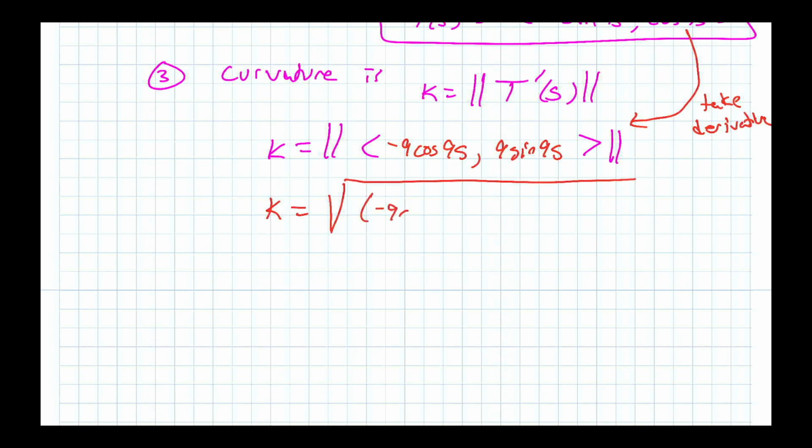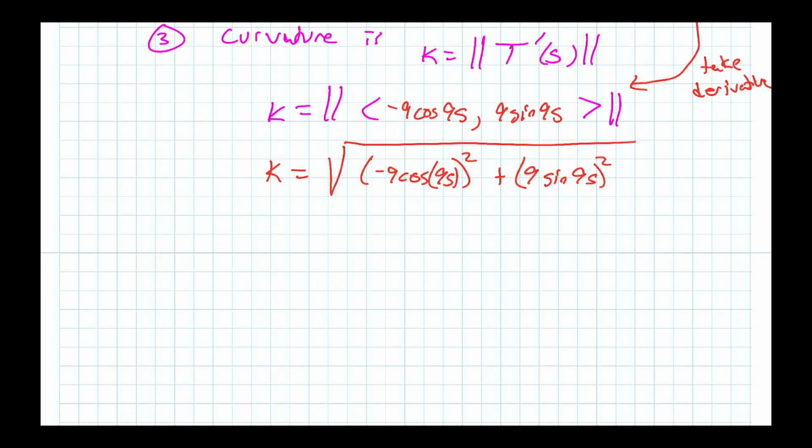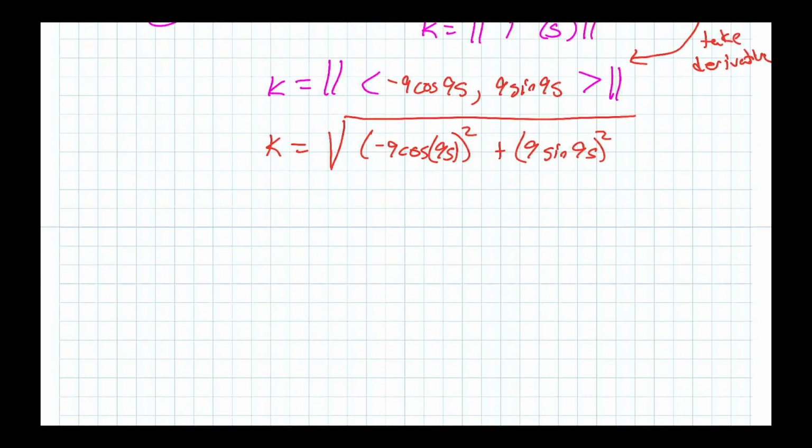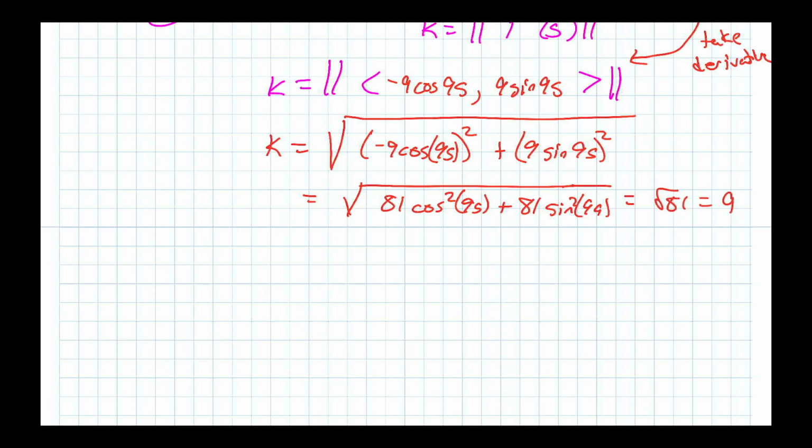So it's going to be negative 9 cosine 9s squared plus 9 sine 9s squared, which is going to be the square root of 81 cosine squared 9s plus 81 sine squared 9s, which is going to be square root of 81, which is 9.